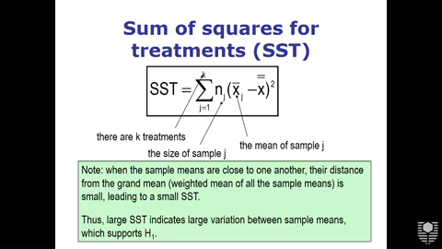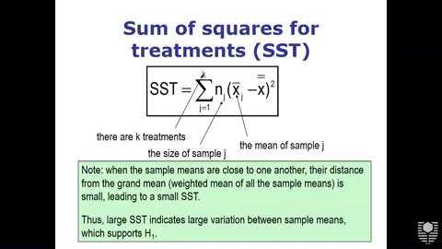Three treatments we have. If it's between, you're going to use SST, because the sample means are close to each other or far from each other. The large SST, see? A large sum of squares for treatment indicates large variation between sample means.